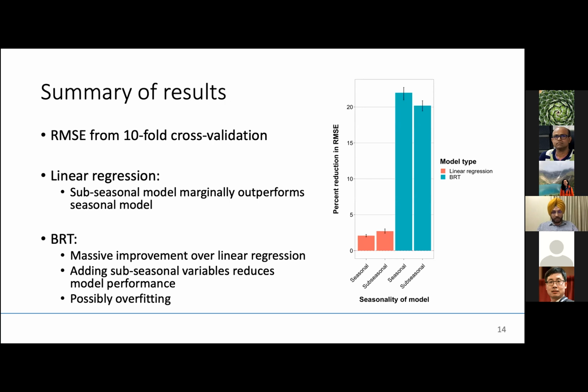And surprisingly, the sub-seasonal model does not perform as well as the seasonal model. So in spite of the massive improvement, it seems like adding sub-seasonal variables to BRT reduces the model performance. This can be taken as evidence suggesting that BRTs may be overfitting when you throw extra sub-seasonal variables at it.